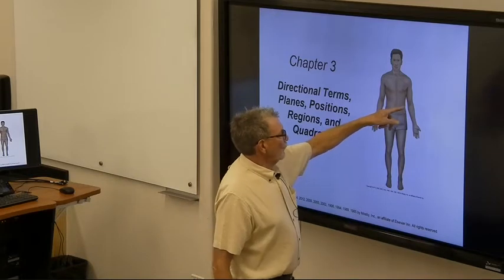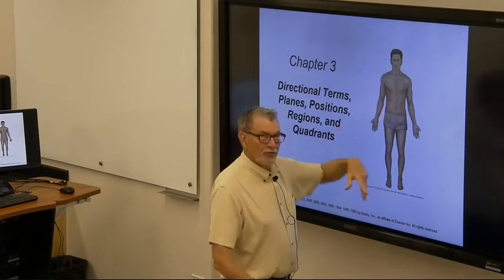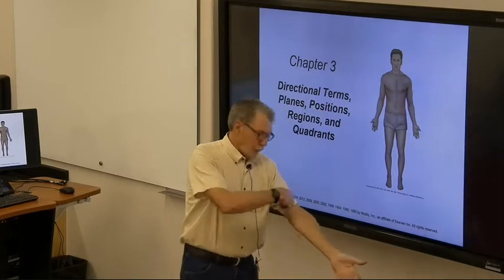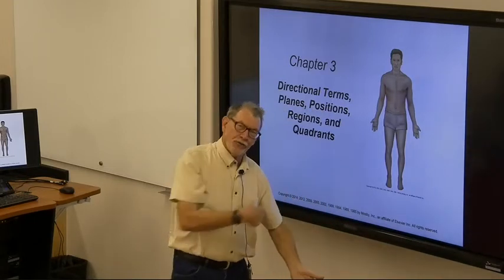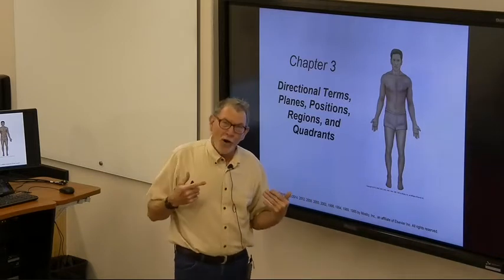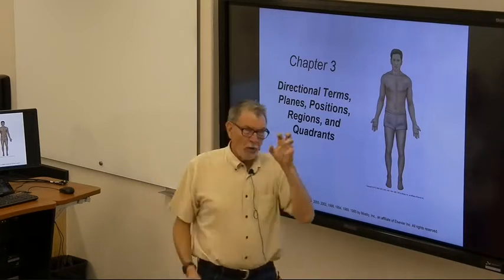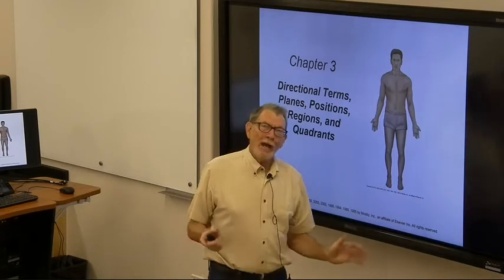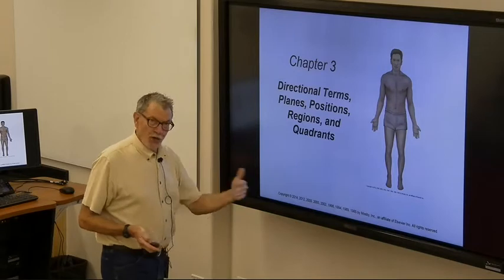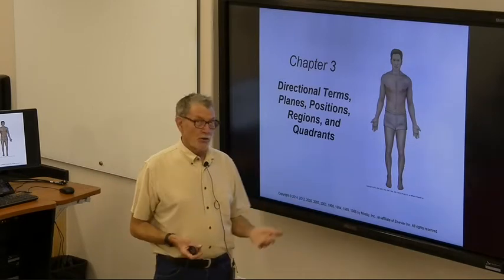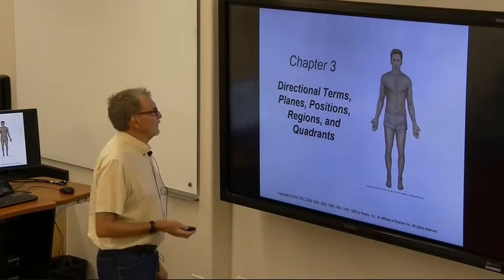You know, how would I describe something that's just farther away than the elbow? Or just a little bit closer, or a little bit toward here or outside? Or something that's in front of the heart compared to behind the heart? If you're looking for where a cyst is, or a cancer, how are we actually going to describe to someone over the phone or via text messaging where this thing is located?